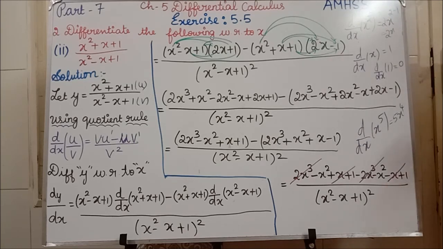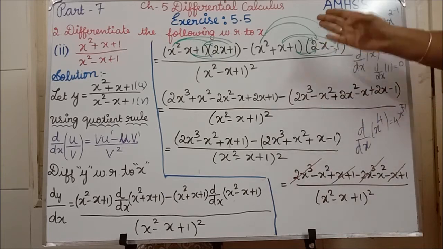Immediately you have to say the answer. d by dx of x power 5 if I ask, 5x power 4. Suppose if I am asking d by dx of x power 8, 8x power 7. Here if I am asking x power 4, what we will say? 4x power 3. Clear? This is very easy. So for this and all, we no need to enter into the steps.